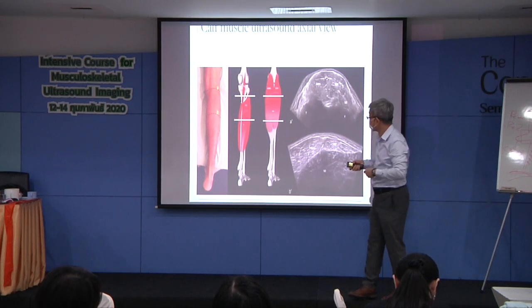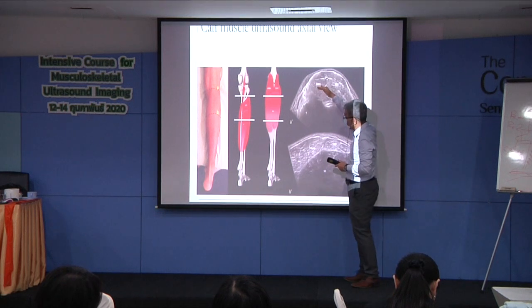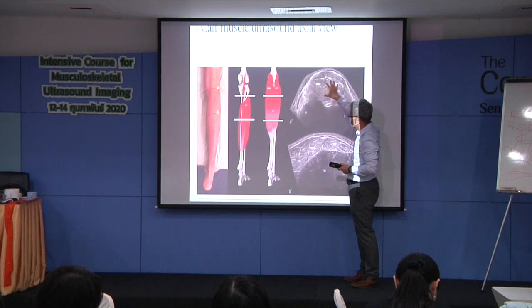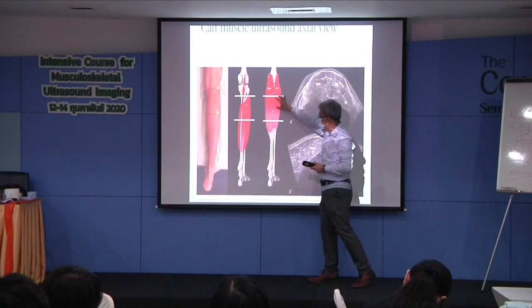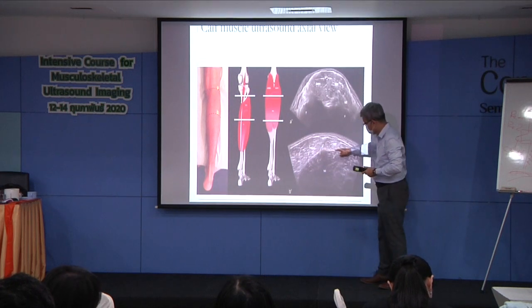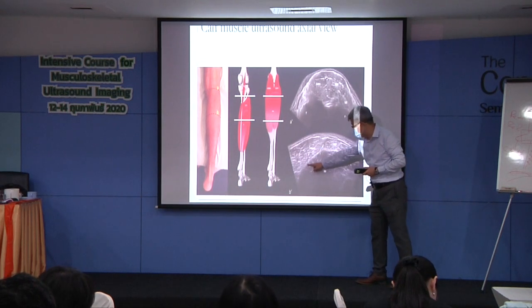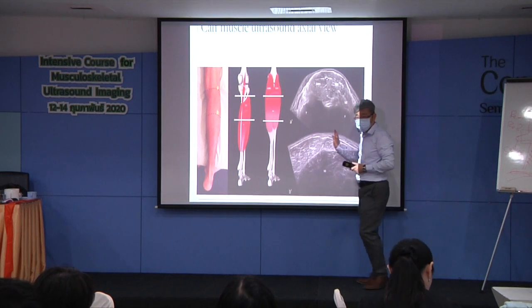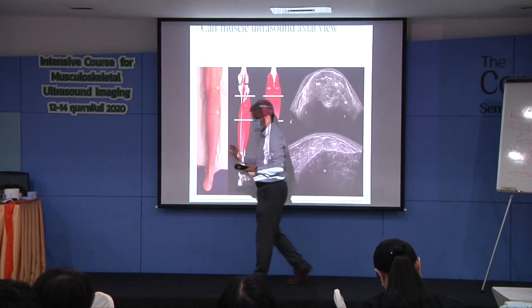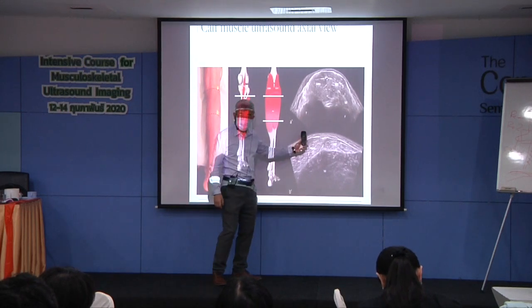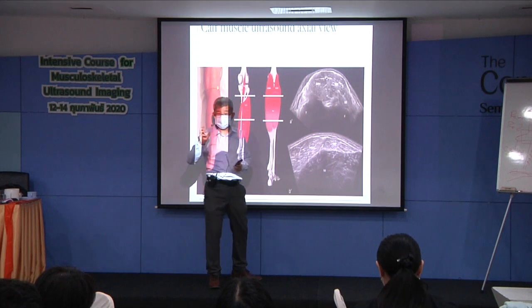Then, when you move down, you find that the volume of the gastrocnemius increases, but when you continue to move down, it reduces very quickly, and you find a very big soleus underneath. I'm not going to show this, but you have to practice, because then you turn 90 degrees and measure the angle.